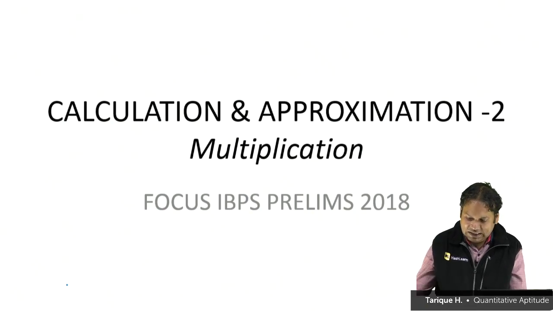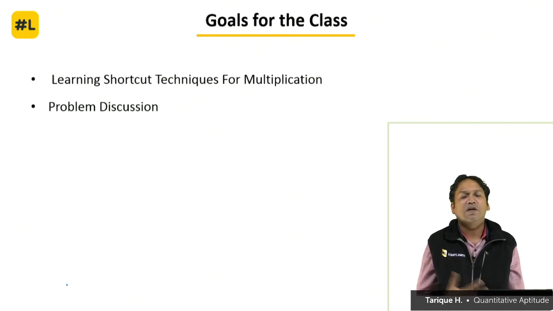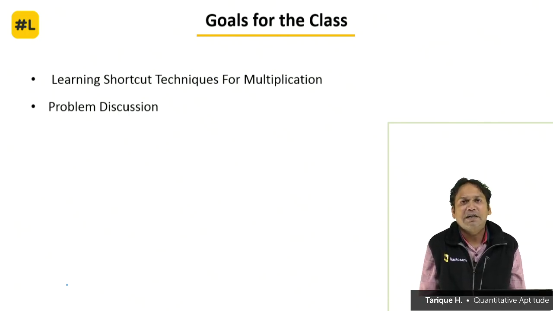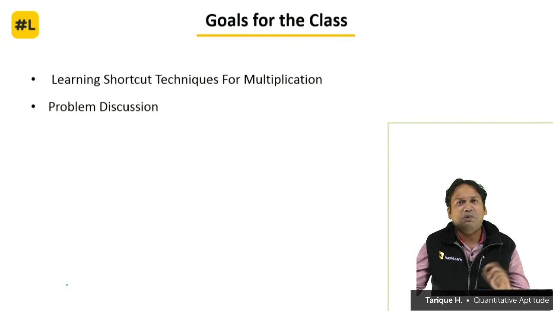Alright, so let's understand the goal for the day. We are going to learn some very helpful and important shortcut techniques of multiplication. In most questions of banking examinations, speed is very important, and in data interpretation and mathematics, multiplication, percentages, ratios, squares, cubes, square roots and cube roots are the essentials.